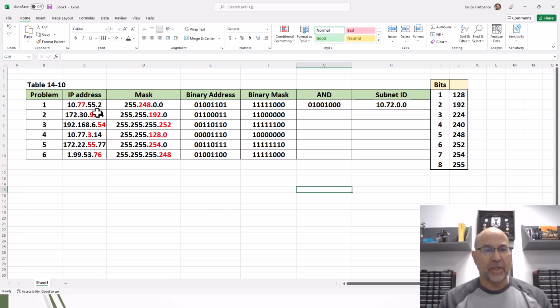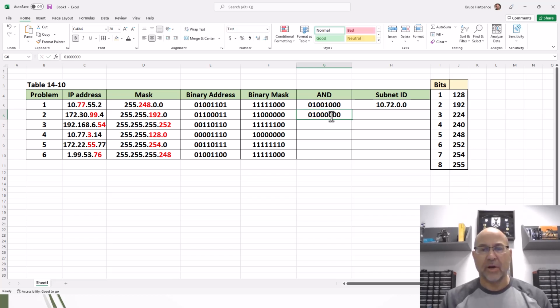The action in this one is where we have a goofy mask, in the third octet. Here's 99 in binary, and here is 192 in binary. If we do the ANDing, we get a result that looks like this. Remember that anything ANDed with a 0 gives you a 0. It looks like we ought to have ones here, but we don't, because we're going to end up with all these zeros.